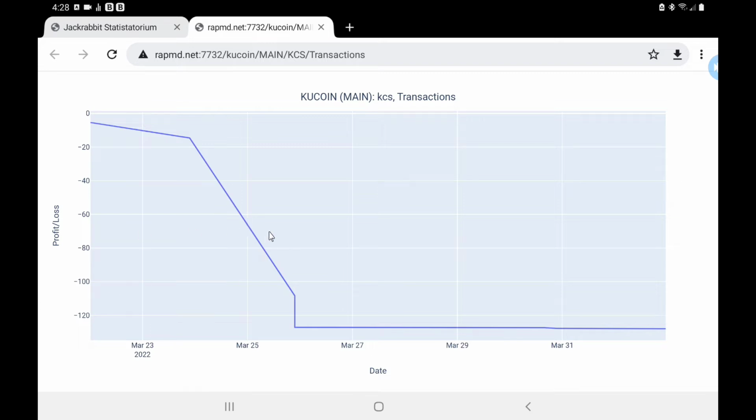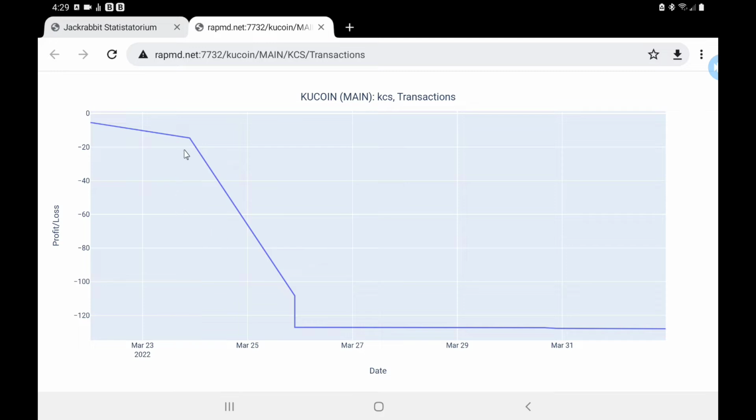So really, just purchasing the discount coin and not actively trading it, not actively replenishing it, is costing you more money than if you were to trade without the discount to begin with.